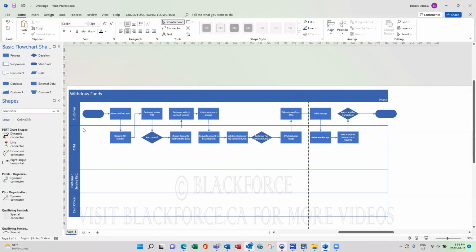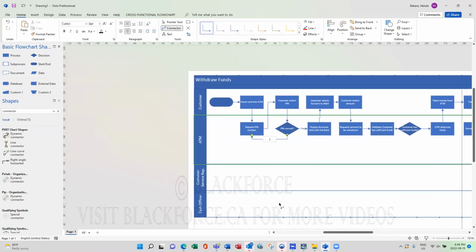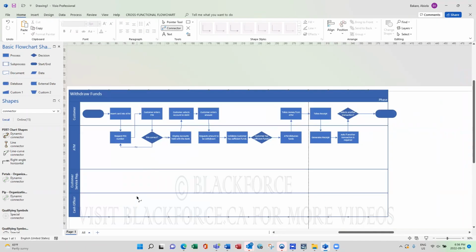So we're here. And so we're talking about if the PIN was incorrect, ATM will request that the customer enter PIN number again. So in here, we're going to type no. I hope everybody's following so far. So for this decision diamond here, we've taken care of the yes and the no, right?